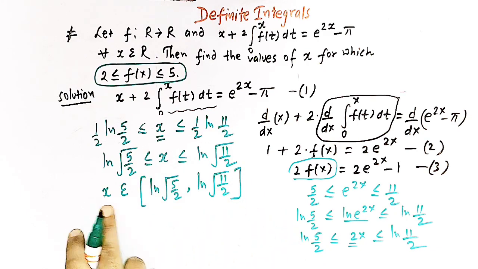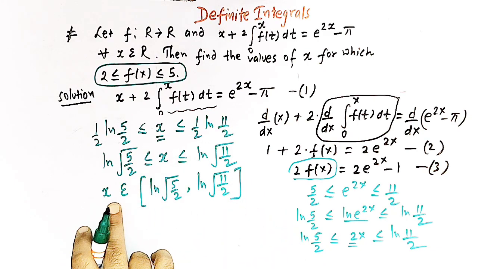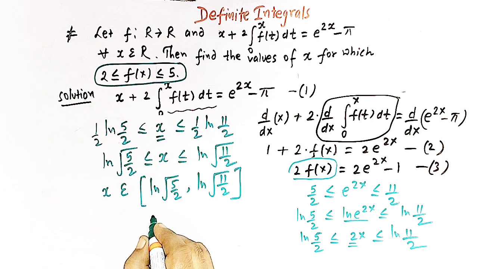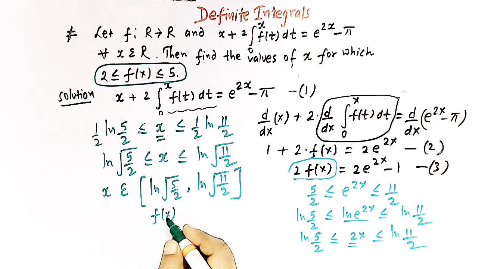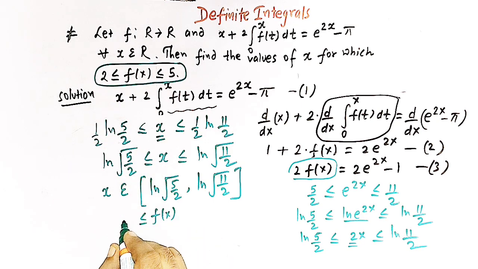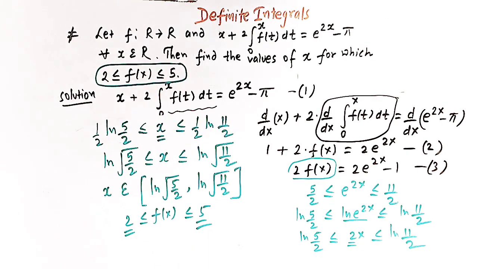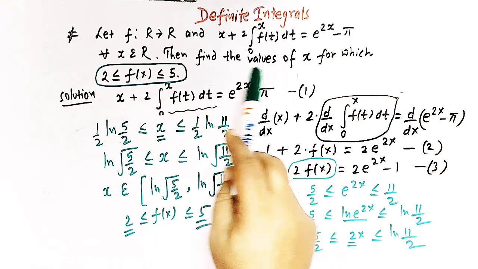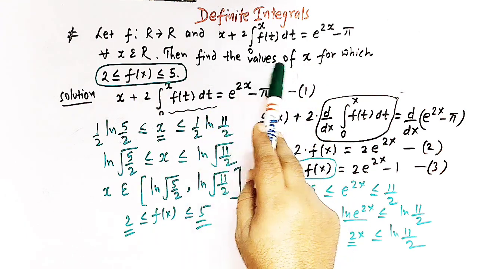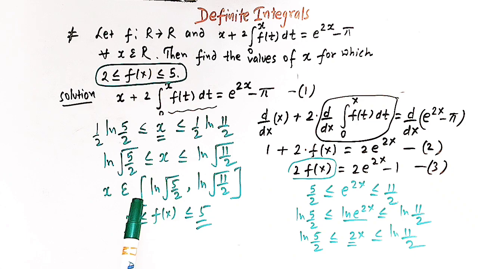So these are the required values of x for which the function f of x lies between 2 and 5, including 2 and 5. So the required range of all the values of x are given by this interval, right?